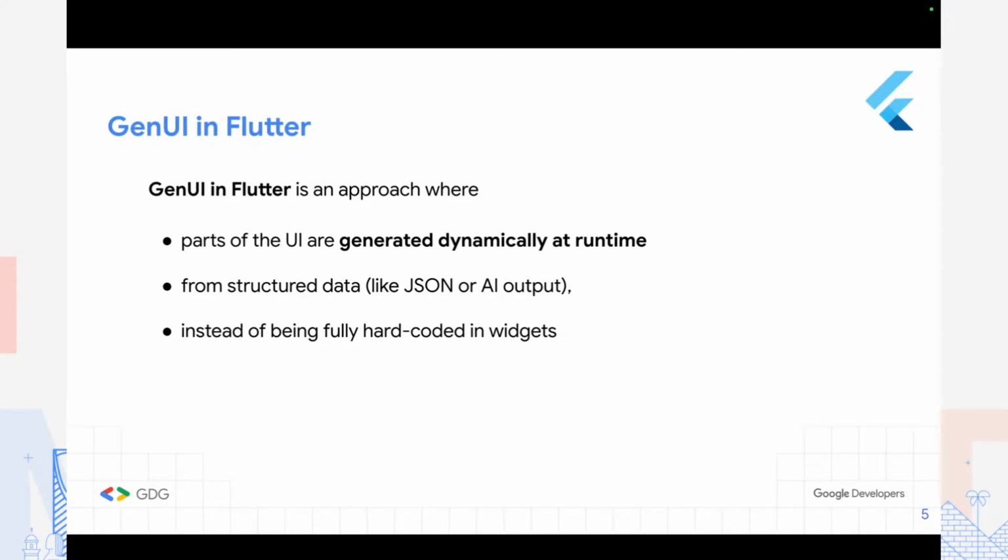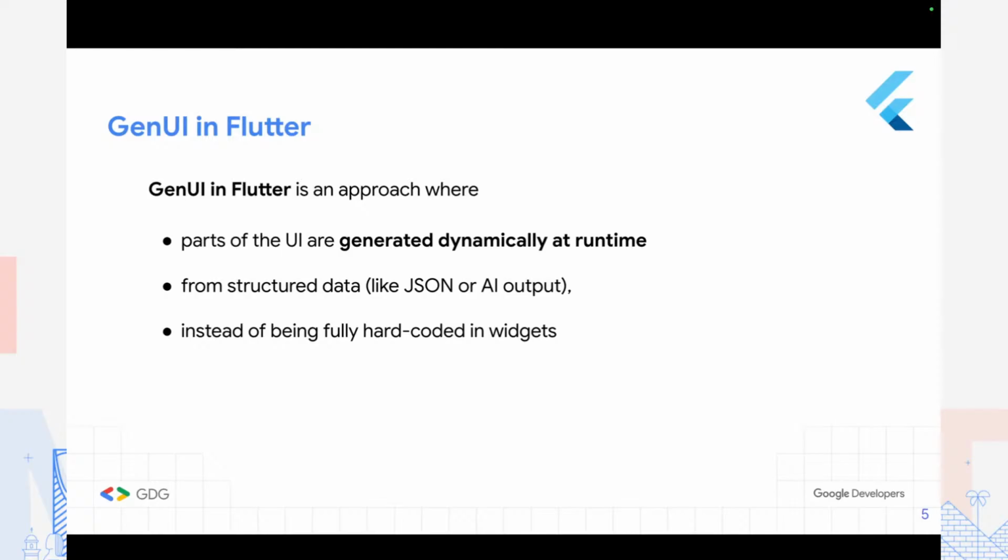Now, that was about generative UI. Let's see how we can define it further. Gen UI in Flutter is going to generate UI dynamically at runtime. Generative UI is going to generate the UI in the form of JSON or a schema like output.